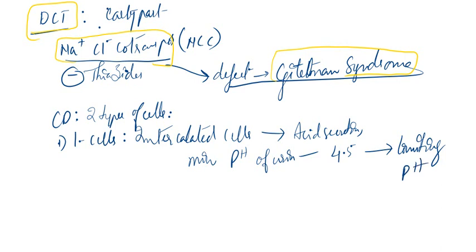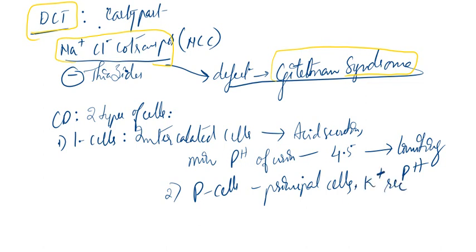Now coming to the other type of cells, the P cells. P cells are principal cells. I cells are intercalated cells. These principal cells help in potassium secretion and sodium reabsorption.